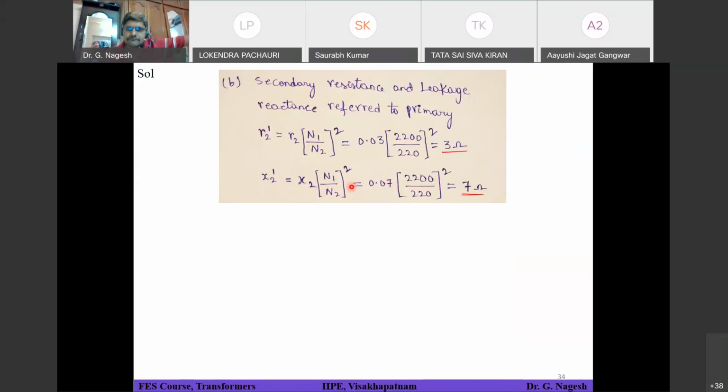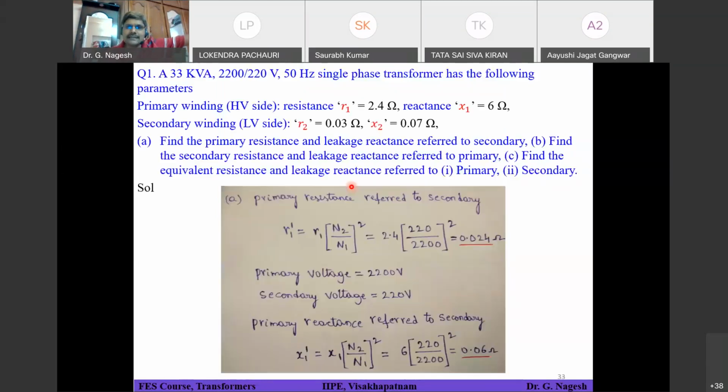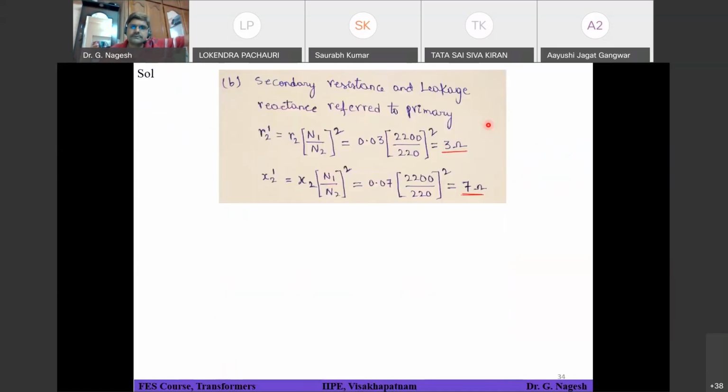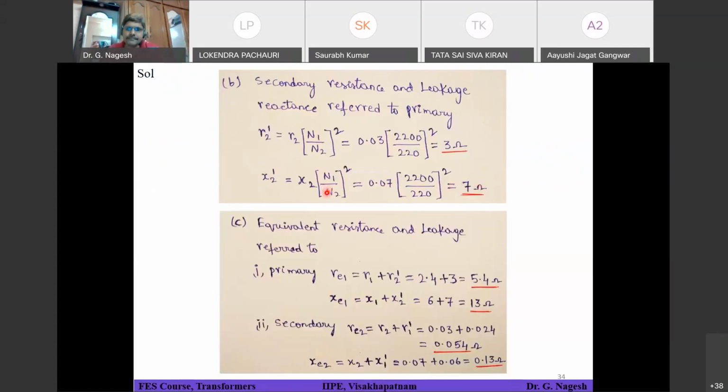So 13 ohms, because X1, you already know, 6 ohms is given in your question itself, plus X2 dash, which you calculated just now, 7 ohms. So 7 plus 6 will be equal to 13 ohms. Right. So this is your first part, which is 5.4 ohms and 13 ohms.